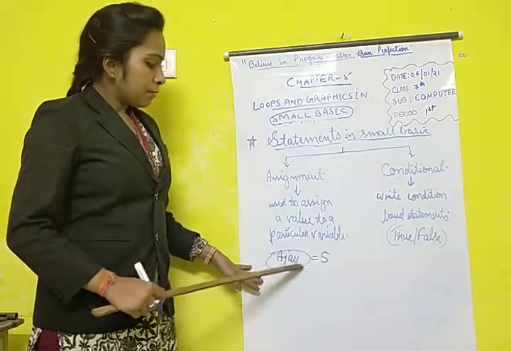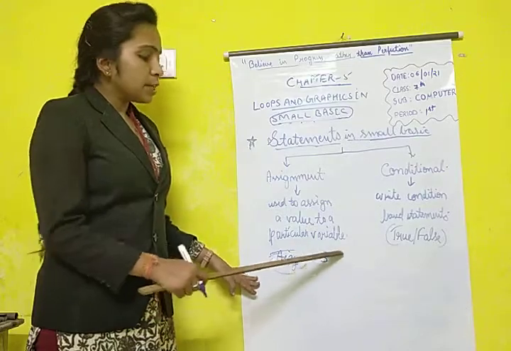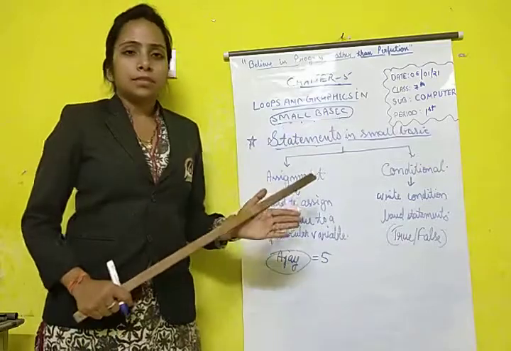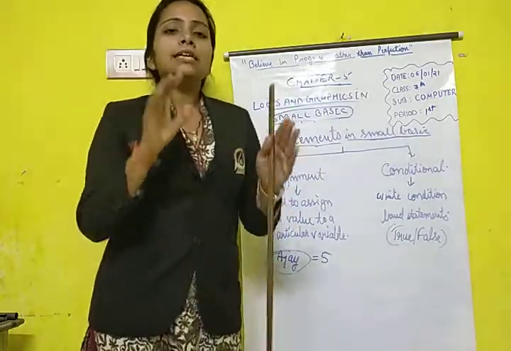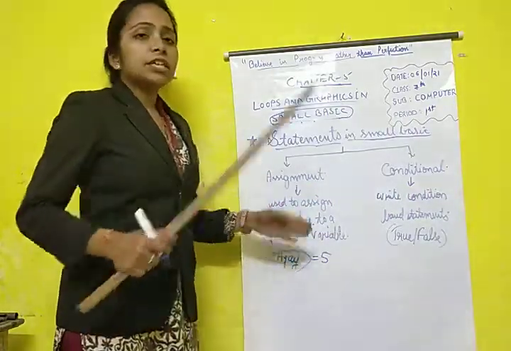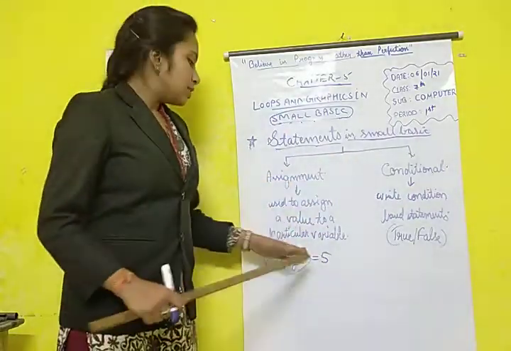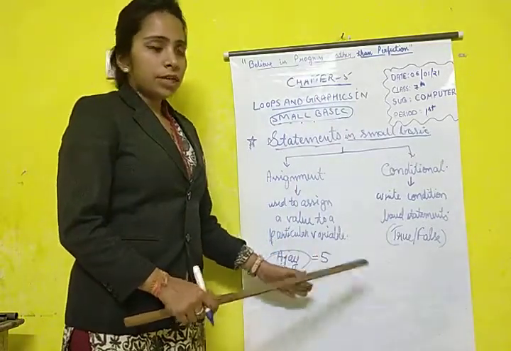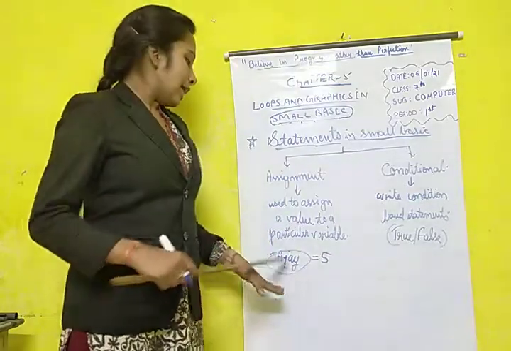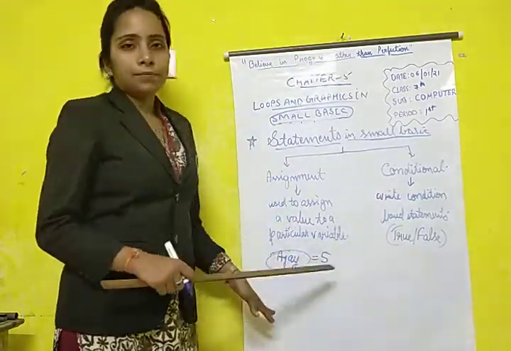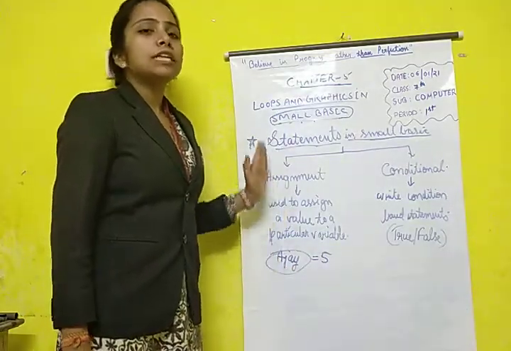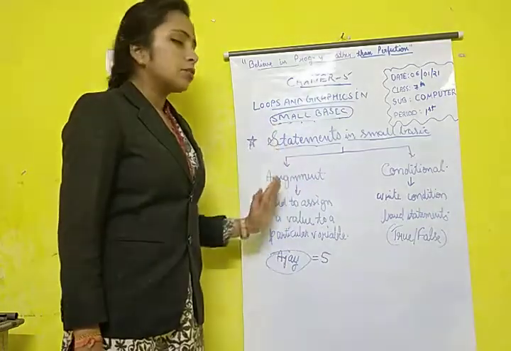This is our variable and I have given it a value. So this is what assignment statement is. Means for avoiding the repetition of a statement. Suppose 10 times I need to write Ajay, so instead I will just use 5. This value of the variable will always tell us that we are writing for Ajay. So this avoids the repetition of a particular sentence or word or symbol.